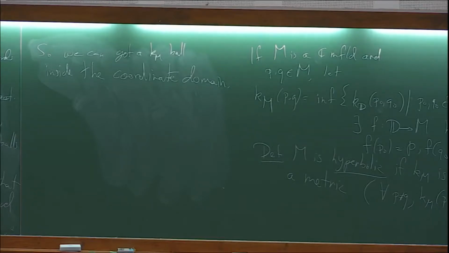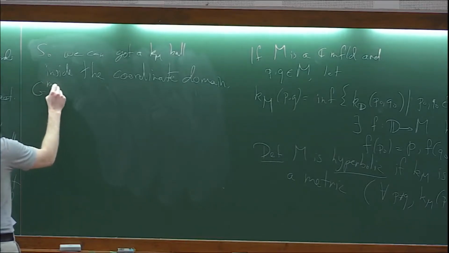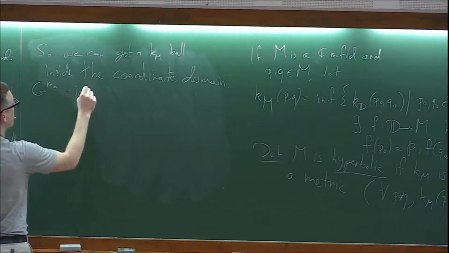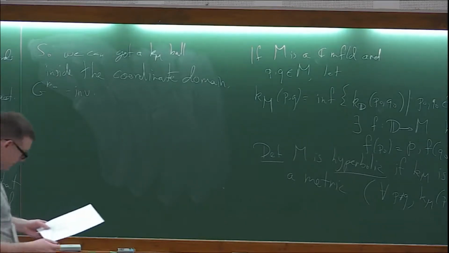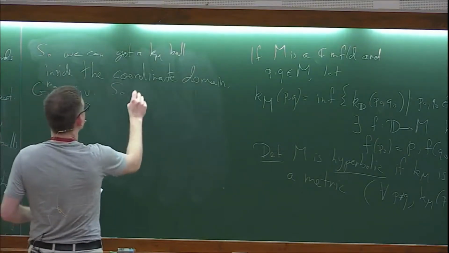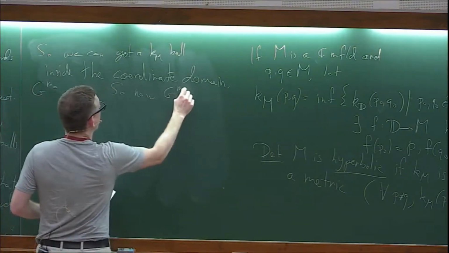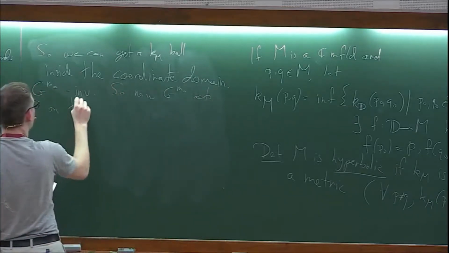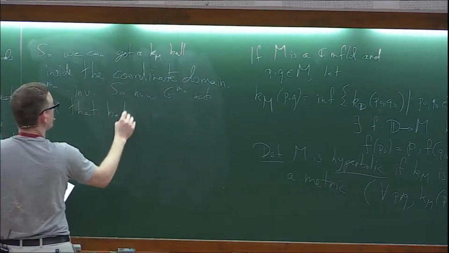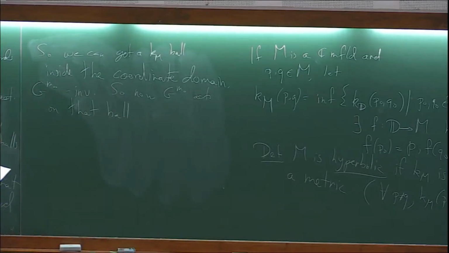It'll be G_M invariant, because we're looking at the stabilizer of a point, so the balls around that point will be invariant. And there are balls so small they fit inside the coordinates. So now G_M naught, this stabilizer, acts on that Kobayashi ball. So we can make sure that there's a domain with an invariant action.